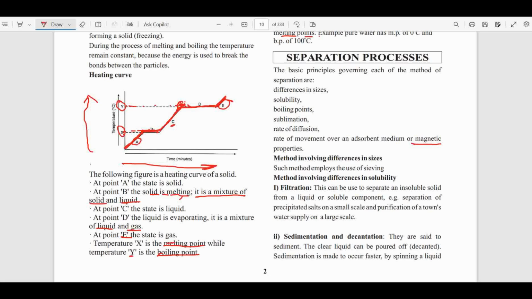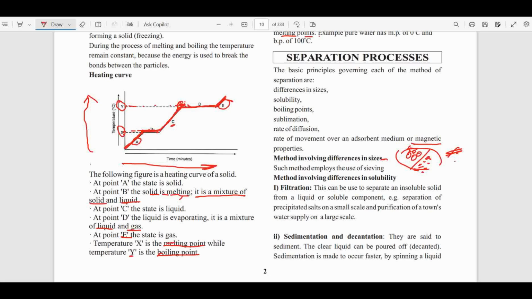For example, a method that involves differences in sizes. You have a mixture having this kind of particles mixed in with fine particles. Let's say you have powder and stone. As a result of the difference in sizes, of course, you can pass this through a sieve and the finer particles will escape through the pores while the bigger particles will be left behind.